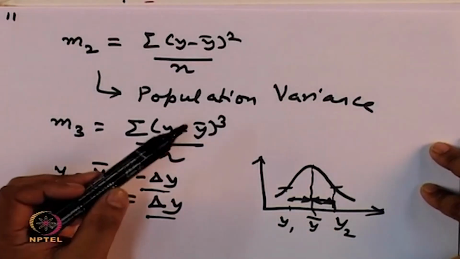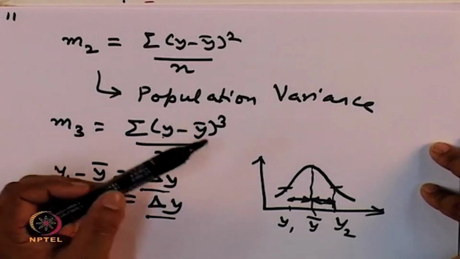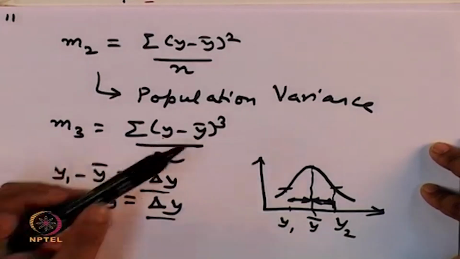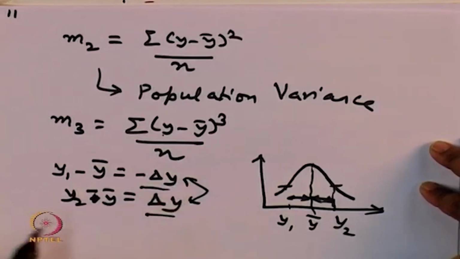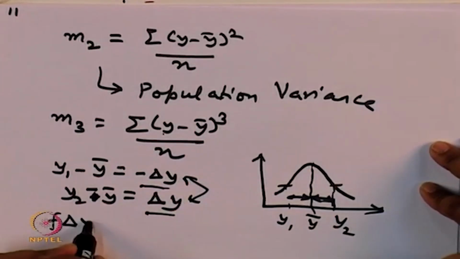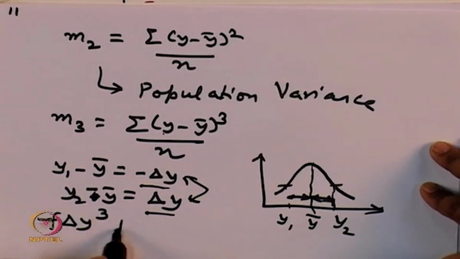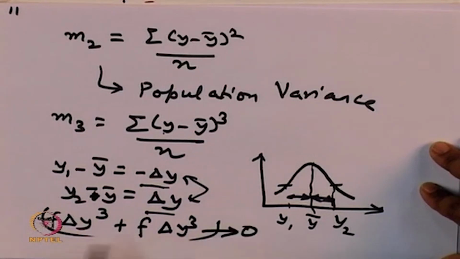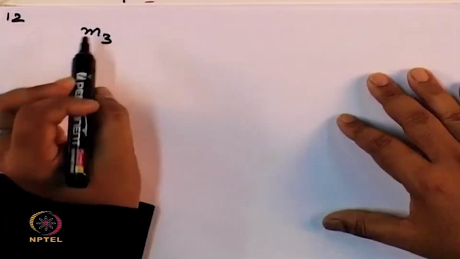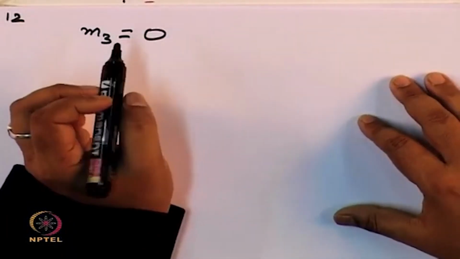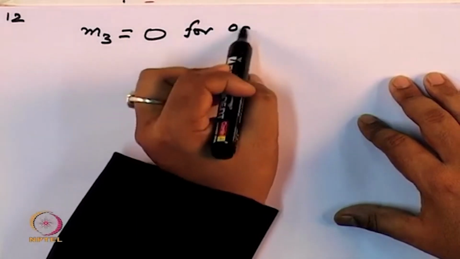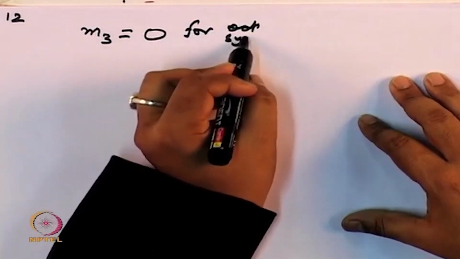Anything cubed, if you have a negative number, its cube is negative, and if you have a positive number, its cube is positive. So, if you add these two terms, it will be like f times minus del y cubed plus f times del y cubed, and these two terms equate to 0. So, this would mean that M3 will return a value of 0 for symmetric distributions.